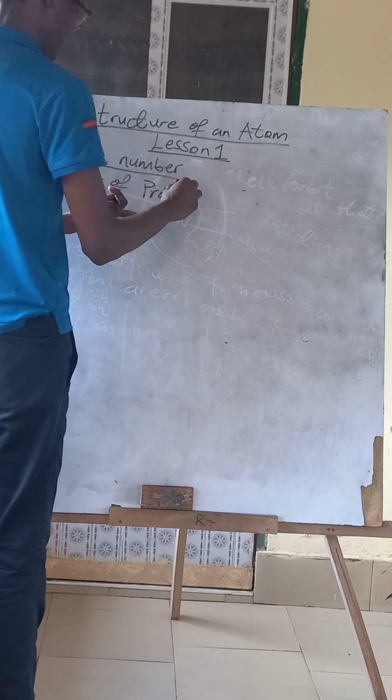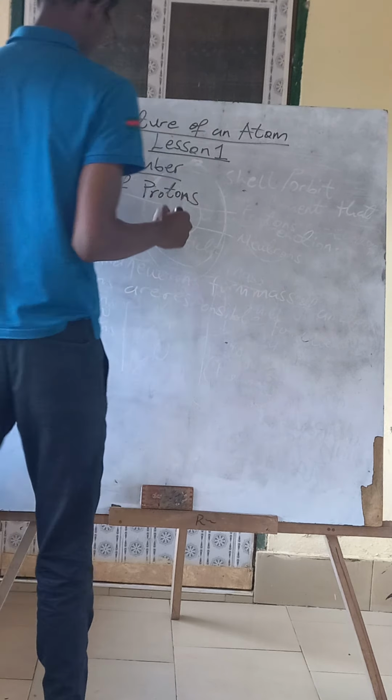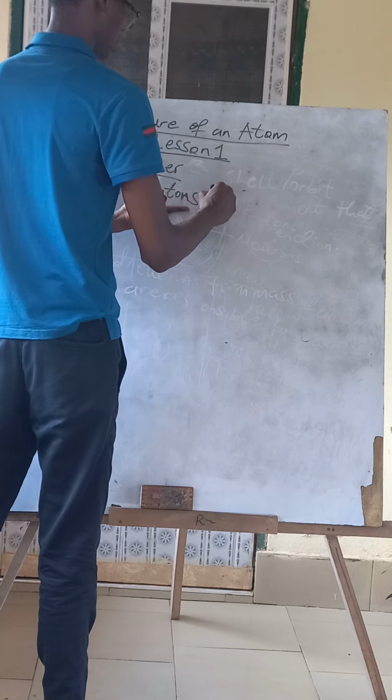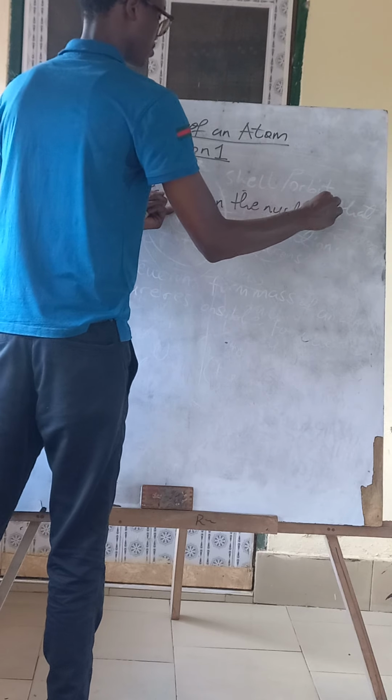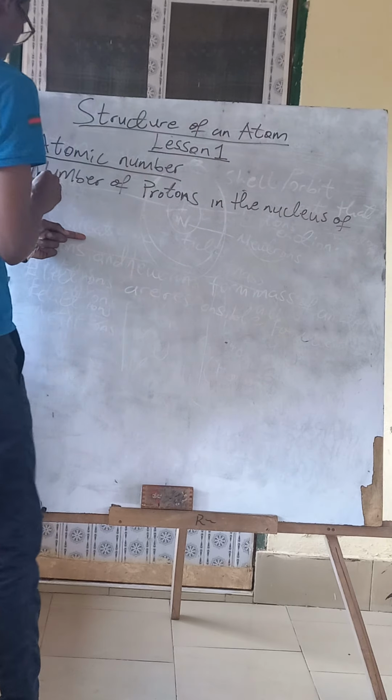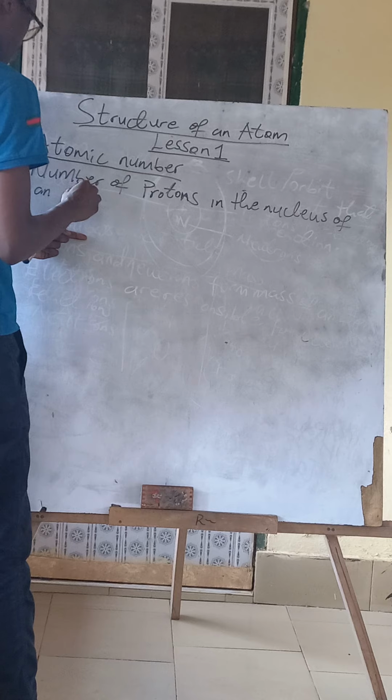And the protons of an atom are located in the nucleus. So atomic number is the number of protons in the nucleus of an atom.